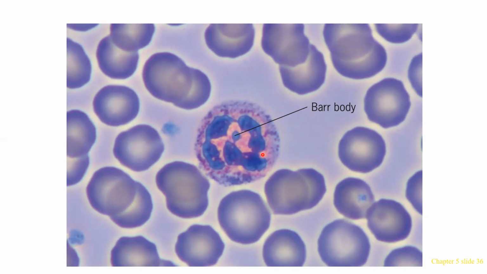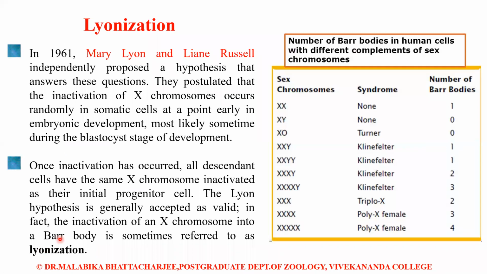And now coming to the concept of lionization, which was given in 1961 by Mary Lyon and Leonie Russell. The Lyon hypothesis states that the X chromosome is inactivated to give a Barr body, and this phenomenon is referred to as lionization.